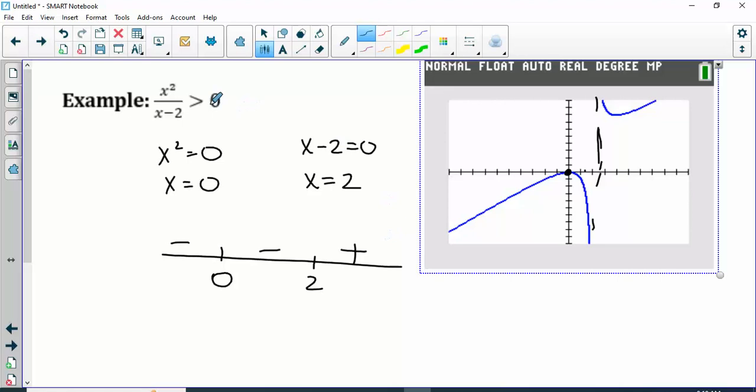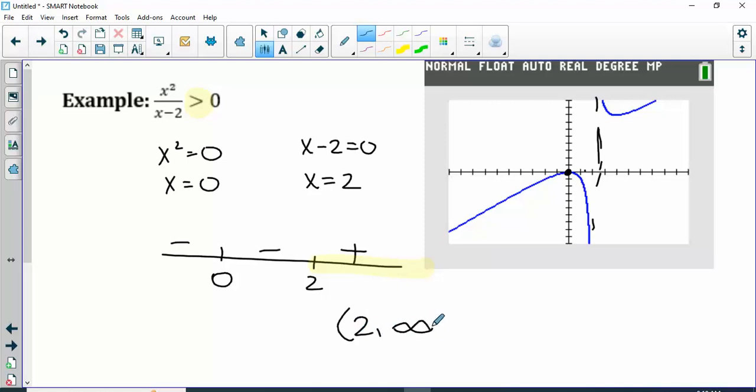Alright, I wanted greater than 0, so I want positives. Do I get parentheses or brackets? Parentheses. Because there's a square. That's what caused it to bounce and have the same sign twice in a row.